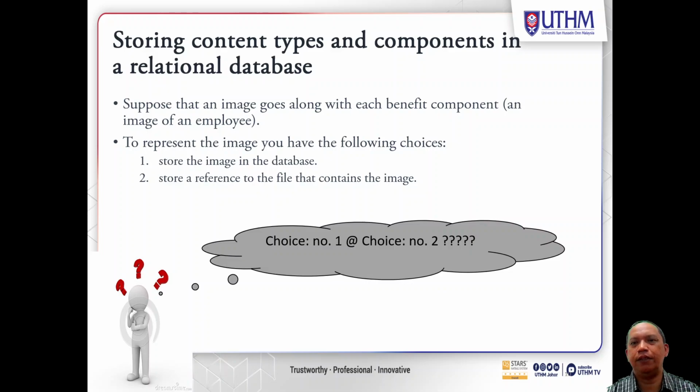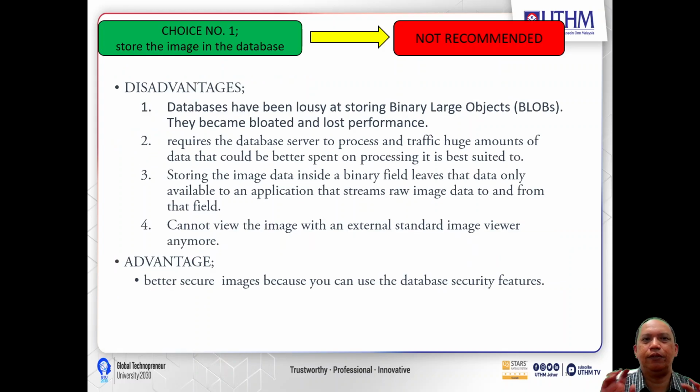A reference, on the other hand, means storage on the server. Maybe we manage to store a huge amount of images somewhere else, and then we use that as a reference. Don't be so confused about this.